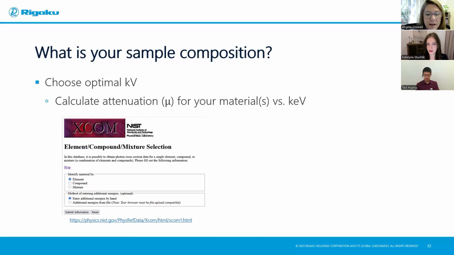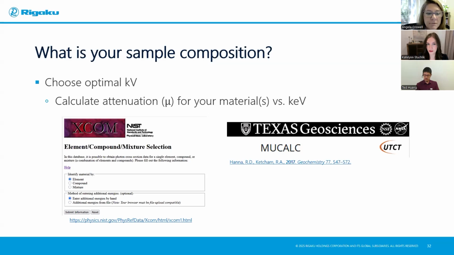Another tool that I'll recommend is one from Ketcham's lab at the University of Texas. They created this MuCalc tool, which is basically an Excel spreadsheet that contains many commonly found geological compounds and gives you some plotting tools. In a sense, I hijacked it: I get my element or compound information from XCOM, and I plot it and show you examples here.